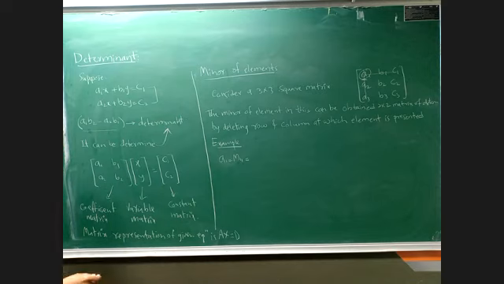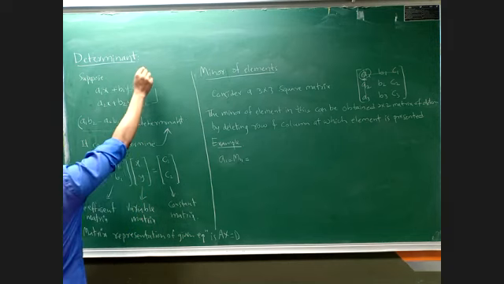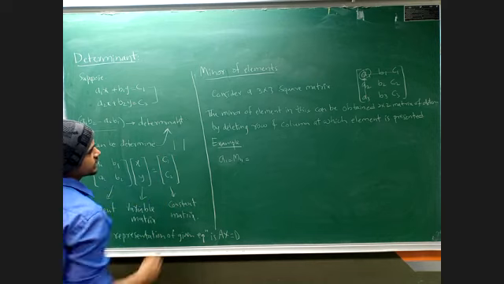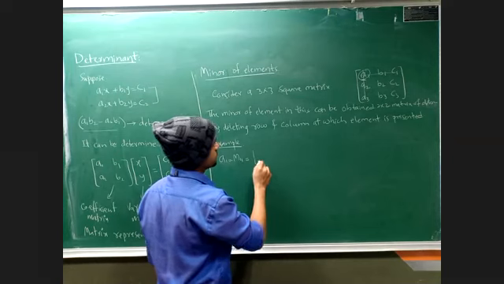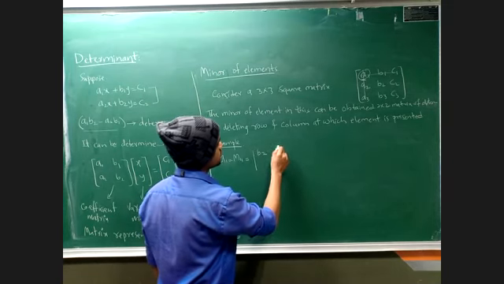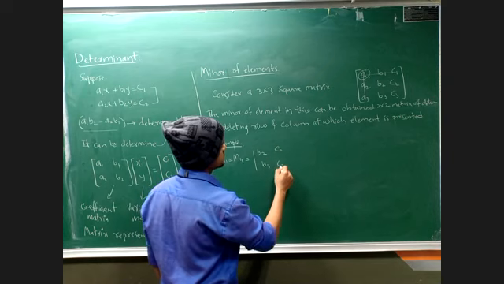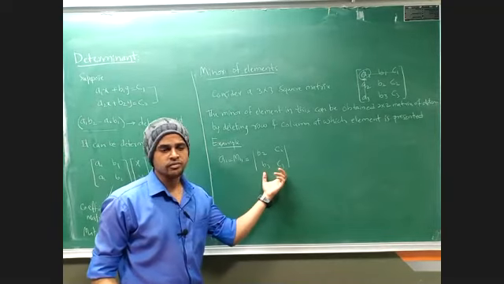Determinant can be represented by two vertical lines. So the rest of the part is b2, c2, b3, c3, in a determinant. This is the minor of the element.